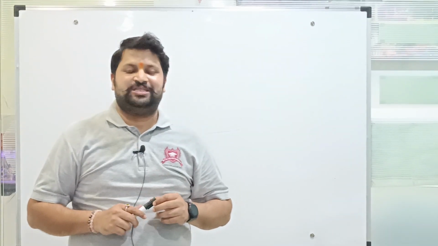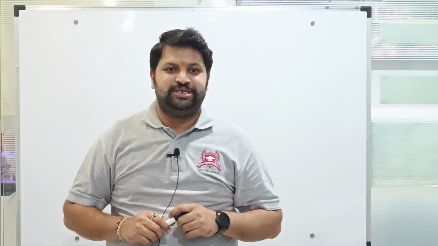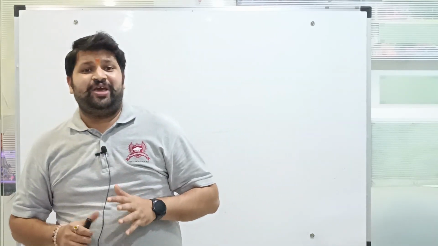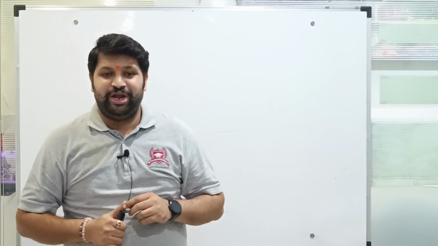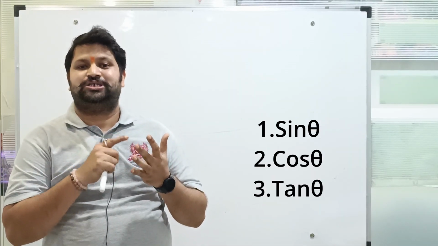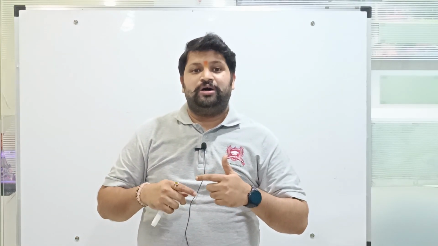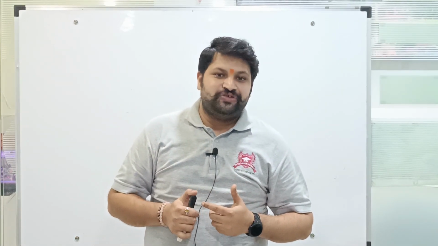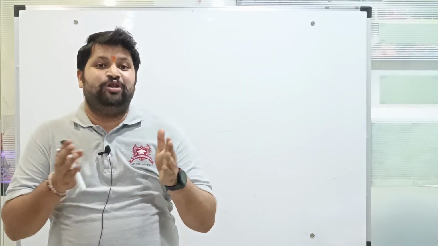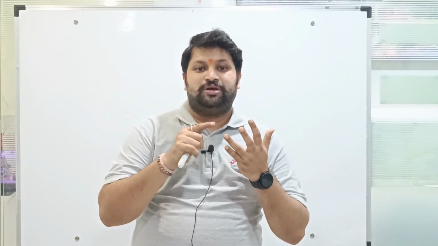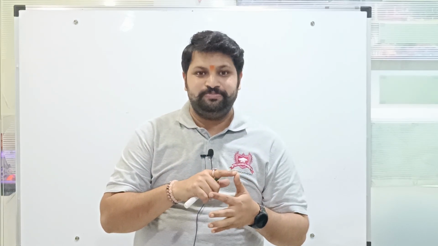So friends, thus we conclude our series on trigonometry. In this series, we have made 9 videos dealing with basic trigonometric ratios, that is sine, cos, tan, cot, sec, cosec. Then the complementary angles of these ratios, then the values of these ratios at particular angles, that is 0 degrees, 30 degrees, 45 degrees, 60 degrees and 90 degrees.